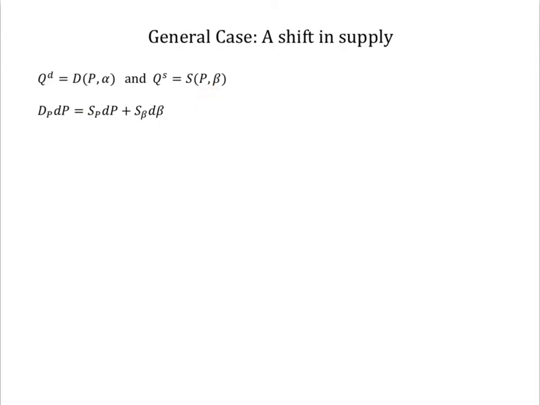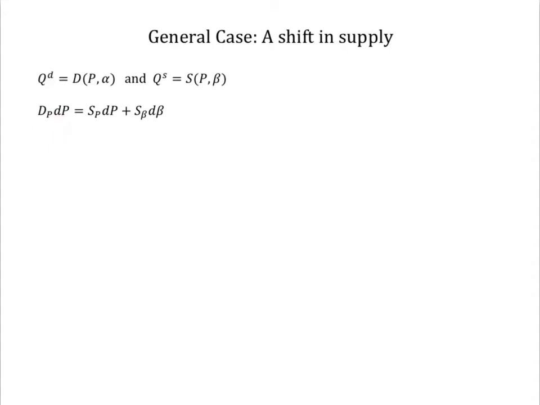In order to ensure that quantity demanded and quantity supplied remain equal to one another following a shift in beta, holding alpha constant, the change in quantity demanded must be equal to the change in quantity supplied, resulting from the combined effects of the shift in supply and the response of quantity supplied to the change in price needed to restore equilibrium.